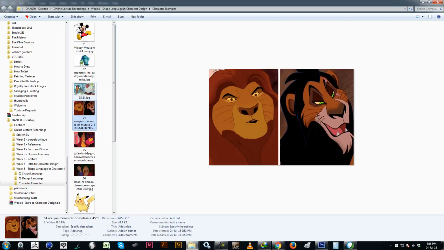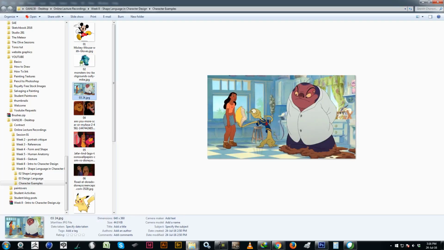When we look at, was it Jumba and Pleakley from Lilo and Stitch? This is something that Grace talked about in the discussion forum. Basically, Jumba is the second character here, and he's basically all circles, big circles, all that kind of stuff. I would argue that he's a combination of a square and a circle.